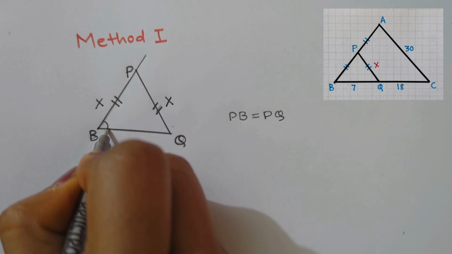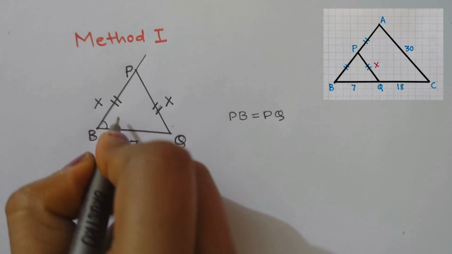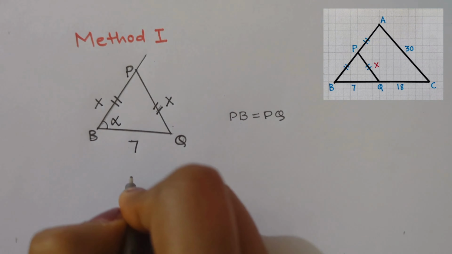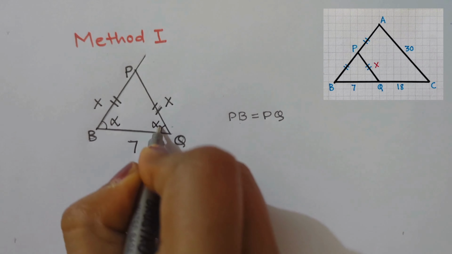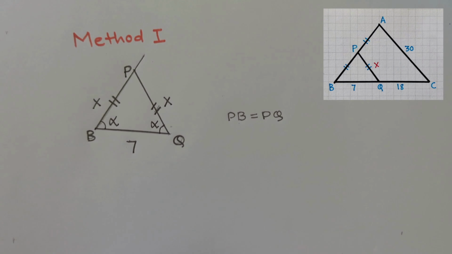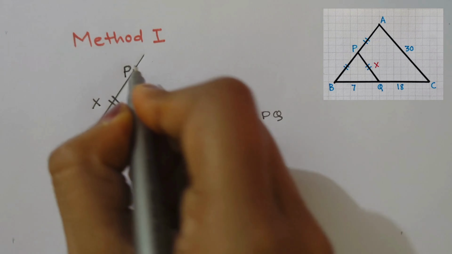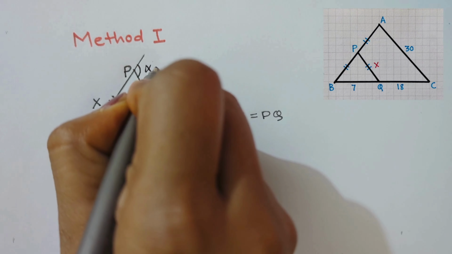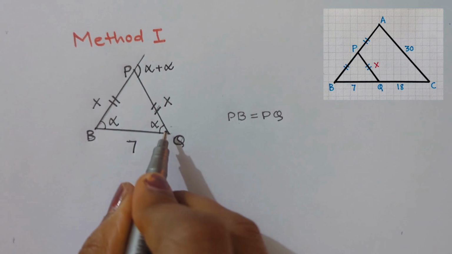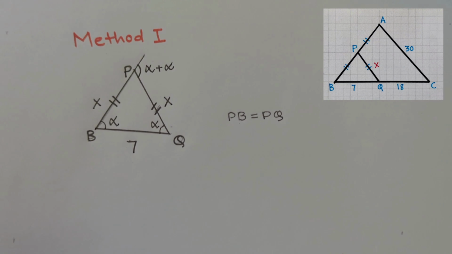Now let us assume the angle PBQ is alpha. That means the angle PQB would also be alpha. So clearly the angle here should be alpha plus alpha, the summation of these two.